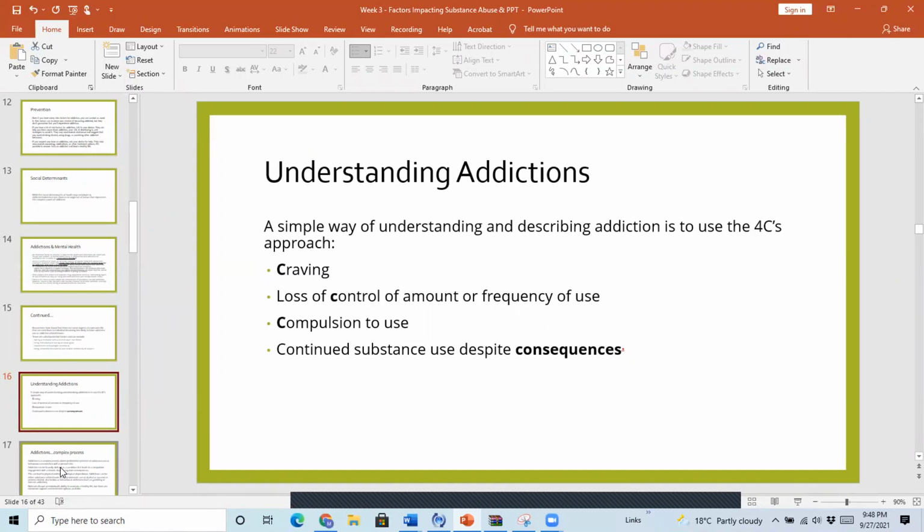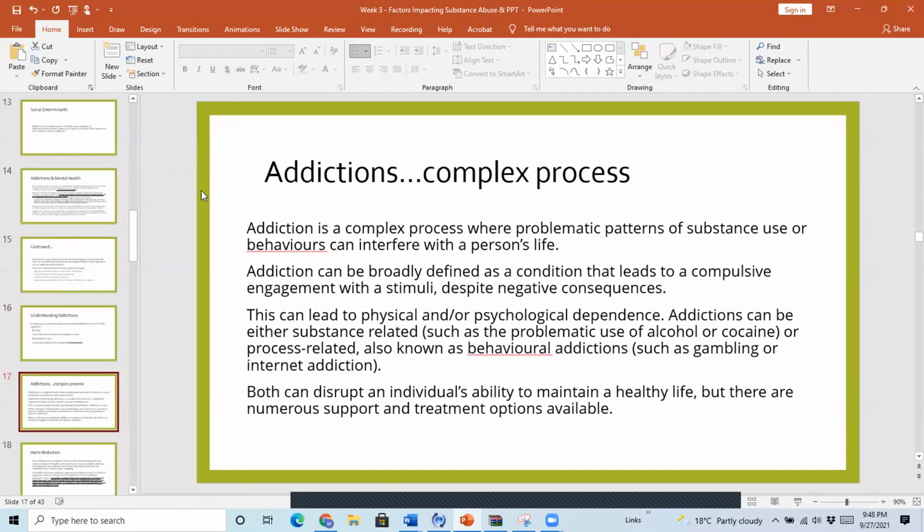So you can see the Cs. If you ever need to think back to what causes addiction, you can use the 4C approach. That simplifies it, but you always have to remember that addictions and mental health are a complex thing. It's where problematic patterns of substance use can interfere with a person's life.